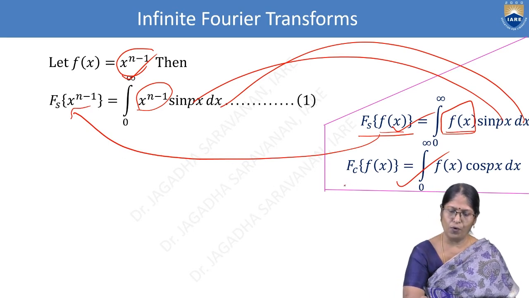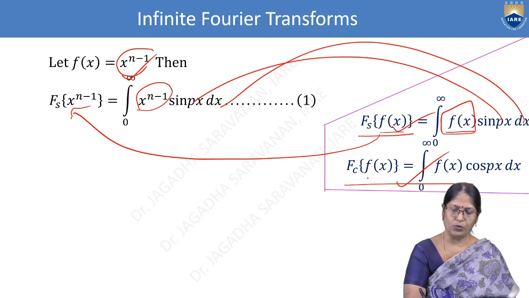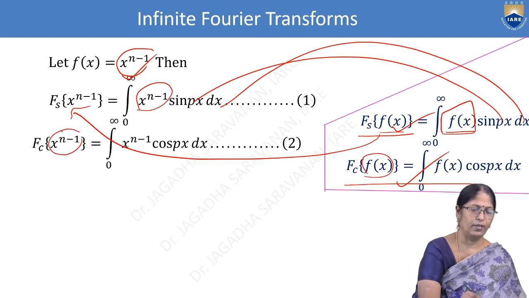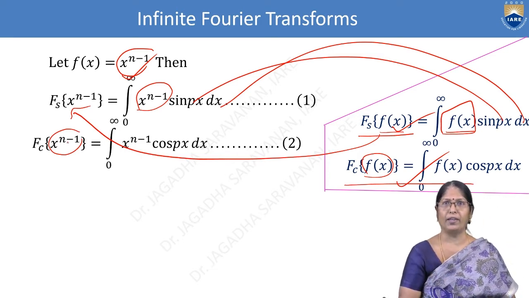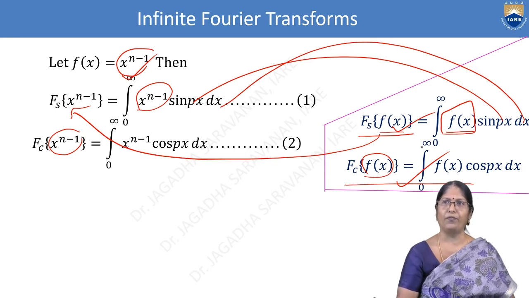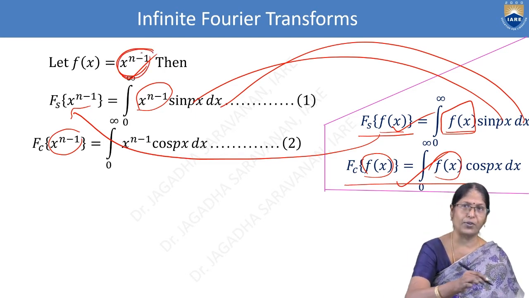Similarly now, Fourier cosine transform we will focus. Fc of f of x is replaced by x power n minus 1, integral 0 to infinity. As usual, f of x is replaced by our function.